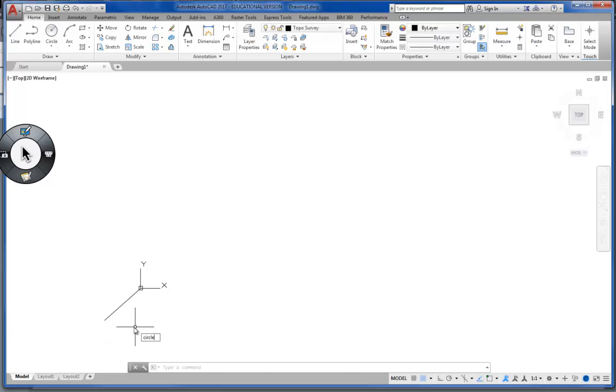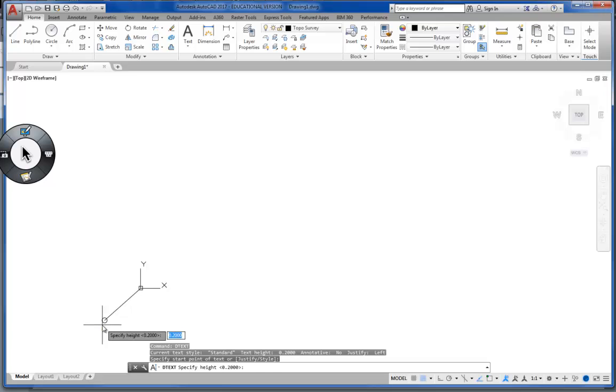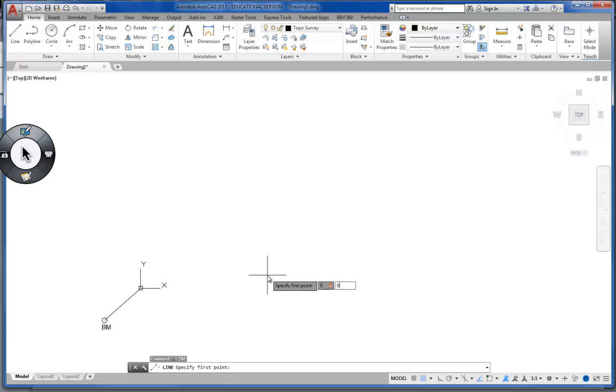So I'm going to draw a circle right here at the end of this point. I'm going to do text, dtext, right here, this height. I'm going to say benchmark. Right there's my benchmark. And now I'm going to draw a line from 0,0 to my next point, which was 94.34, and an angle of 249 degrees, 44 minutes, 08 seconds.